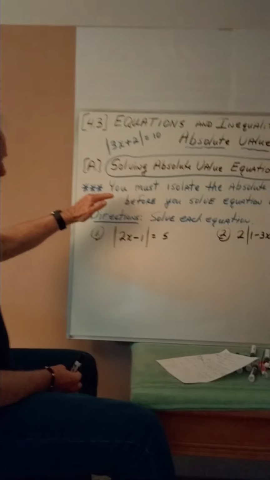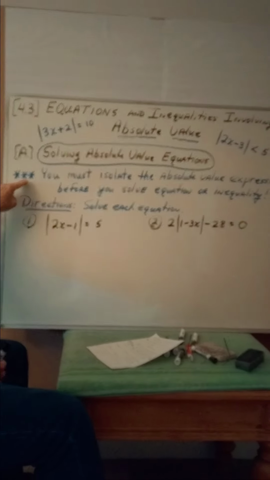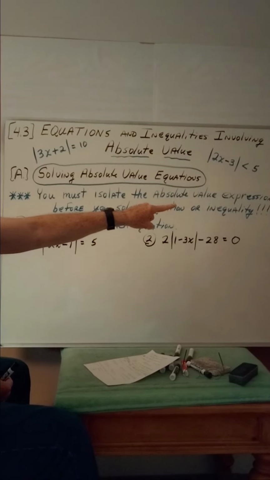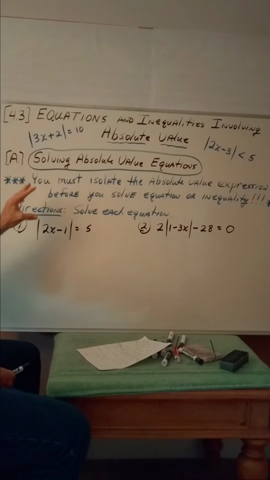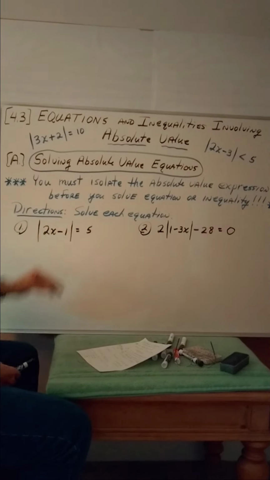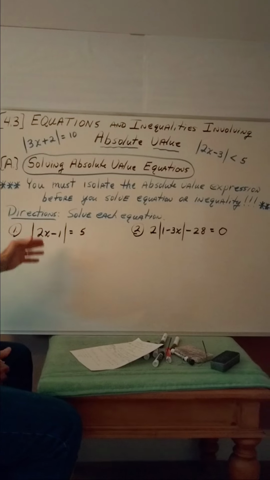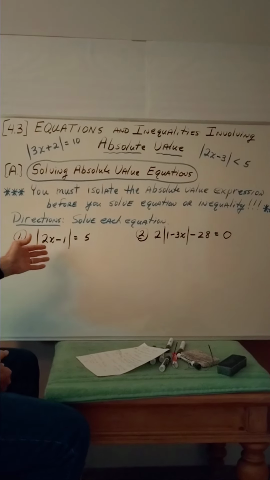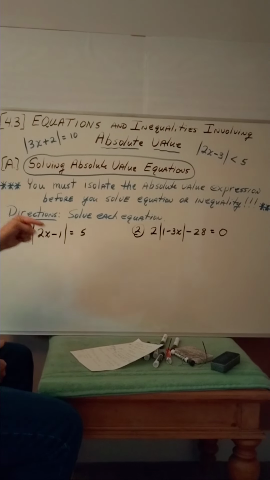Now, Kristen is going to hold that camera right up here to this statement that I've got some asterisks here, and I've got some exclamation marks down at the end, and 3 more asterisks there, because it is a key prerequisite that we must follow when we are solving not only absolute value equations, but also absolute value inequalities.